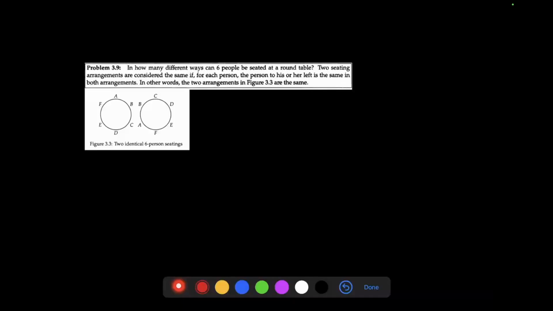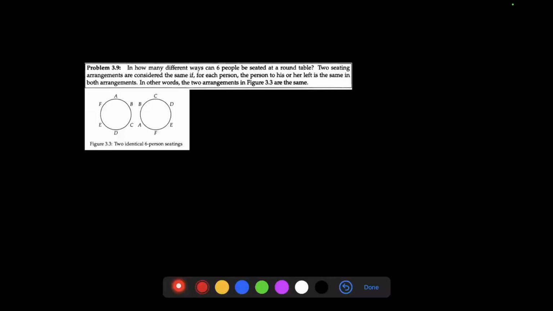How many different ways can 6 people be seated at a round table if 2 seating arrangements are considered the same if for each person the person to his left or right is the same in both arrangements? So basically these are the same. There are many arrangements, and it doesn't matter what the exact positions are as long as they're relative.